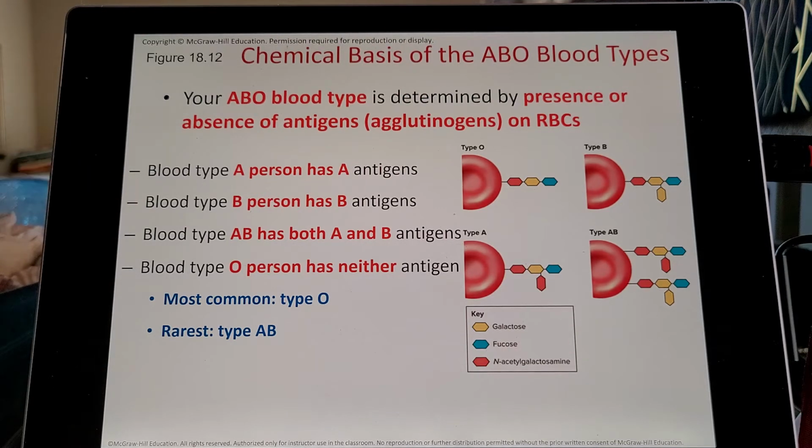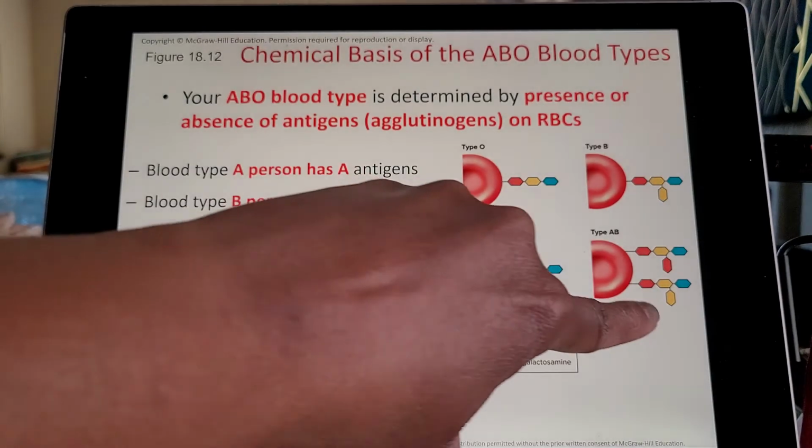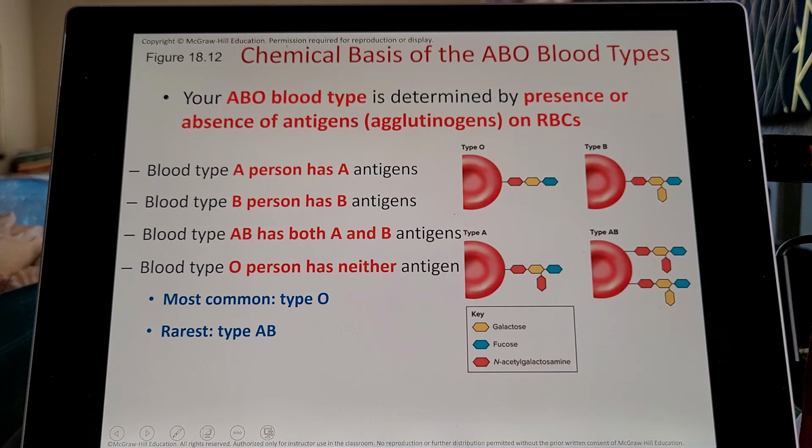A B blood type has the B antigen, so B marker. AB has both. And type O doesn't have either one of them. So they lack these little extra tags on those glycolipids. So the most common blood type is type O without the marker. The rarest type is type AB, so having both markers on their red blood cell.